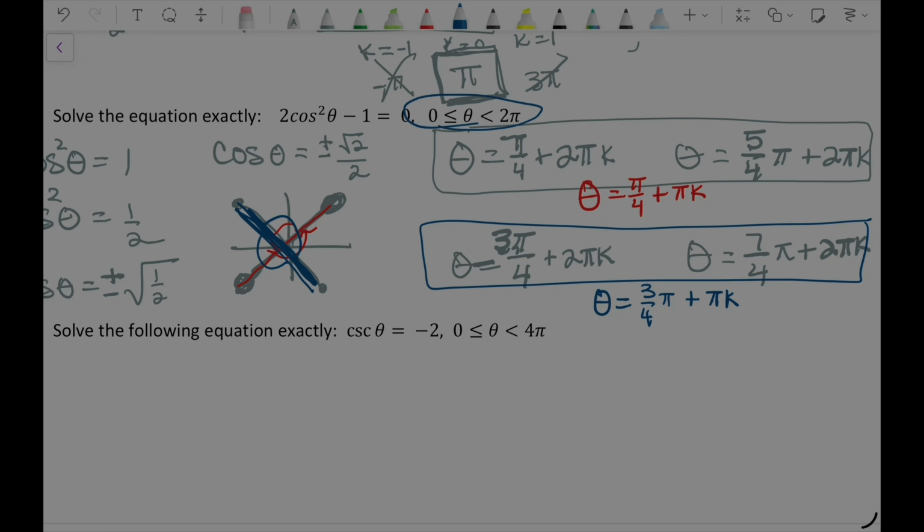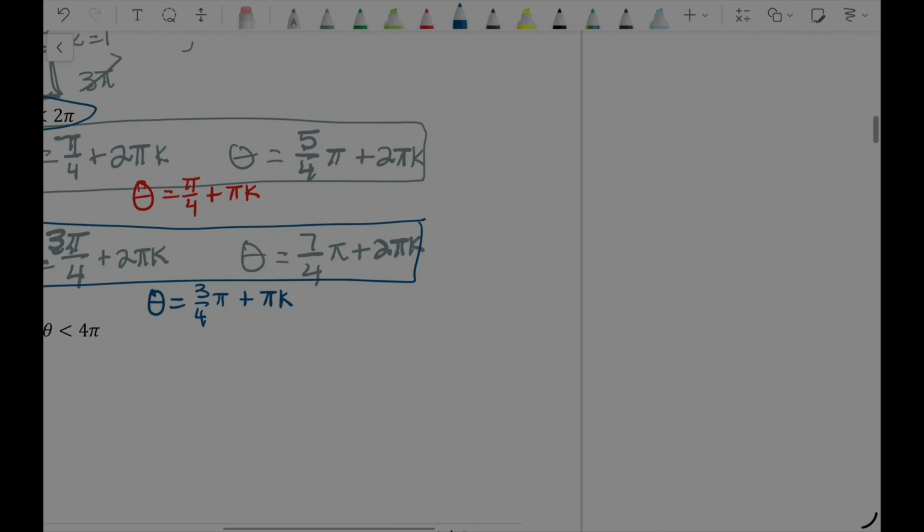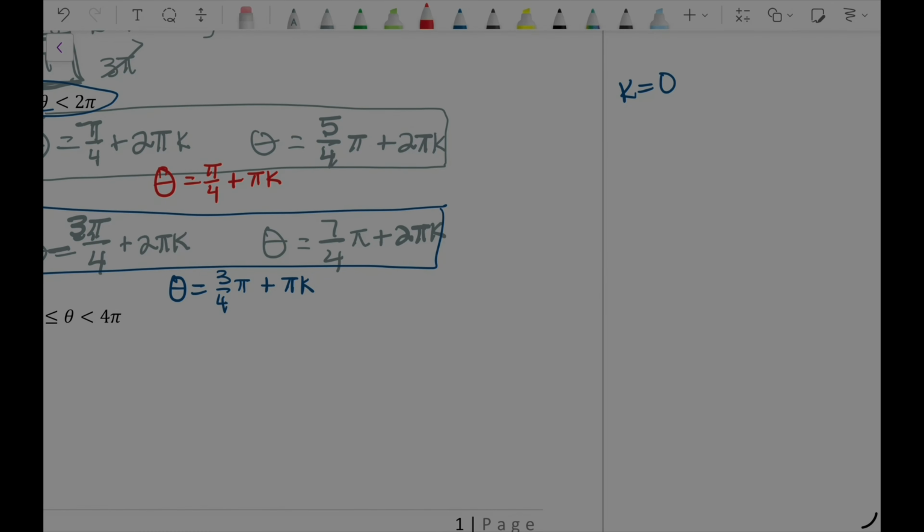Well, this is only a theta. When theta gets messed with, we'll have to change our approach. But since that's just a theta in there, let's use the red. If k is 0, we get a theta of pi over 4.